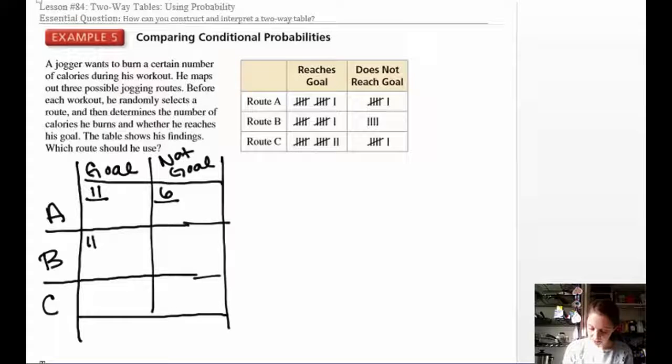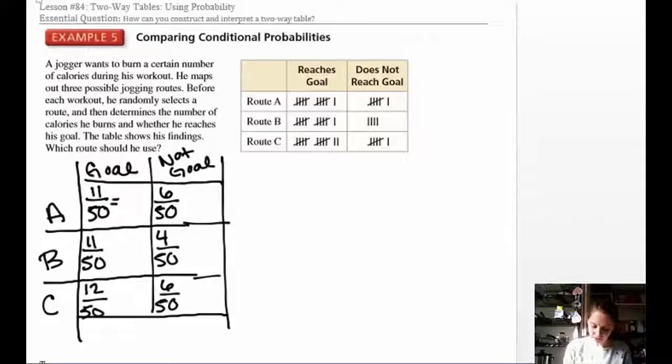Goal on B is 11. Not goal is 4. Goal on C is 12. Not goal is 6. And then to find the total number of times he recorded, I'm going to add up all the numerators, and those are all the jogs he went on, which is 50. So the denominator is going to be 50 for each entry.